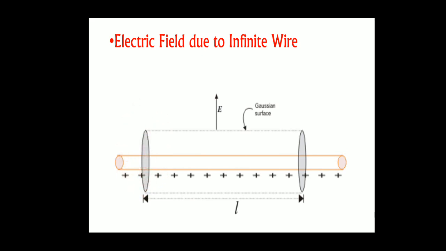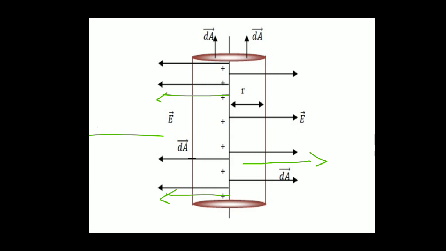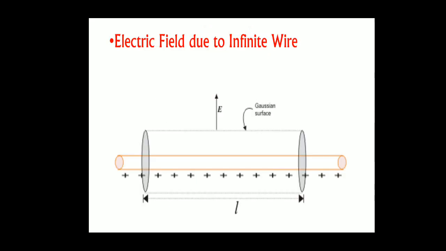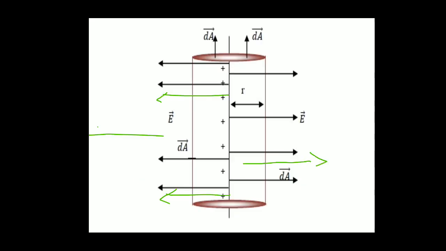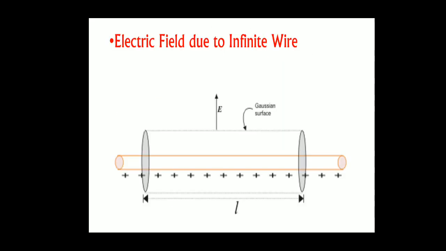The cylinder corresponds to the arrangement of the charge distribution. Here also a cylinder; here it is vertical, here it is a horizontal cylinder. Here also you have three surfaces: one flat surface, flat surface two, and the third one is a curved surface.